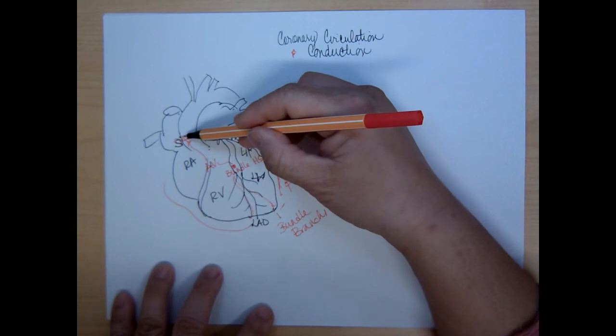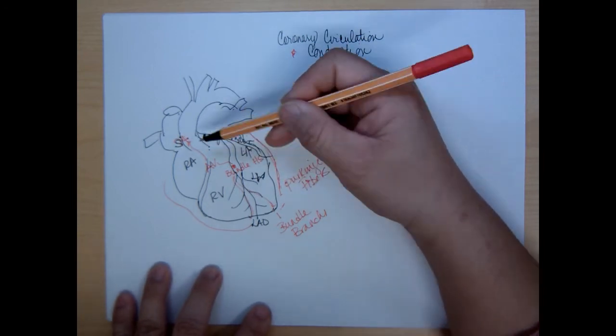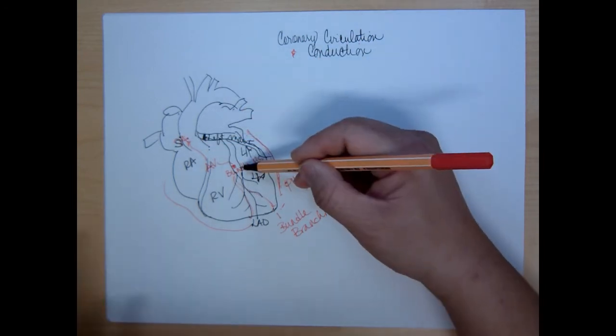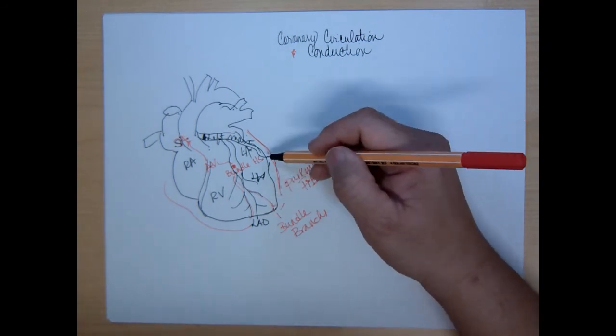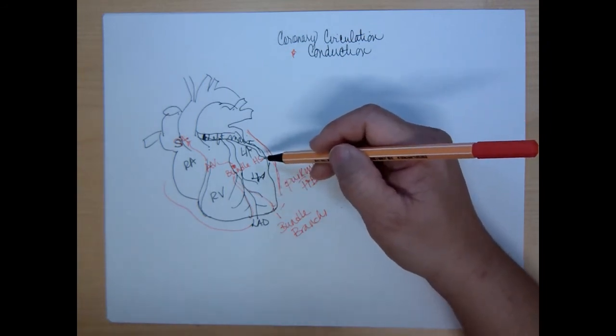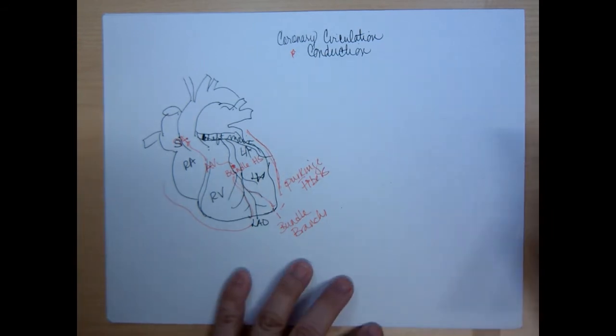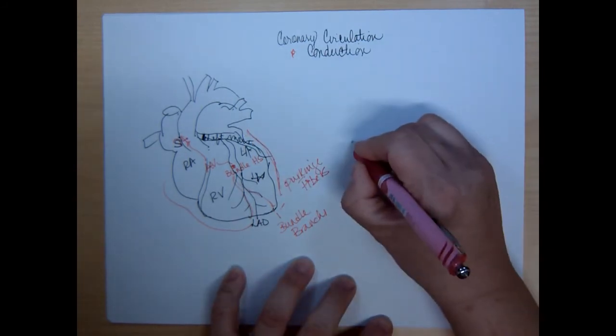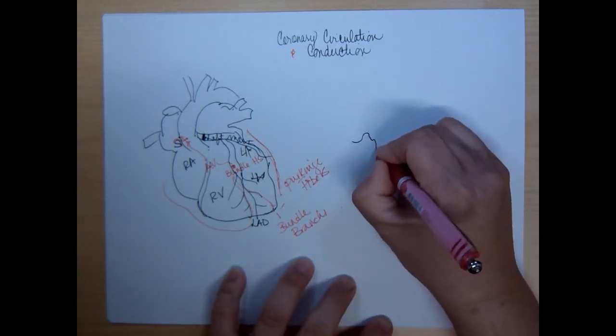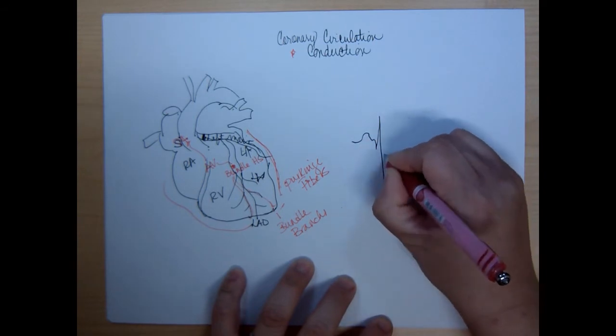It always starts here, your intrinsic pacemaker, to the AV node, to the bundle of His, to the bundle branches, all the way to the Purkinje fibers. Now recall what I said is that they all start to correspond with one particular coronary circulation, right? So when you look at this, let's look at what each of these mean.